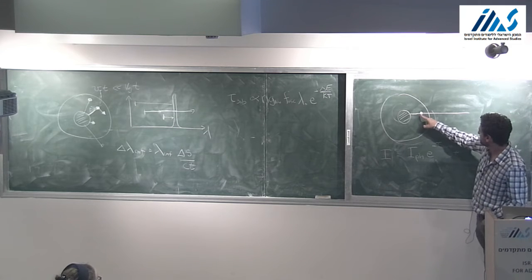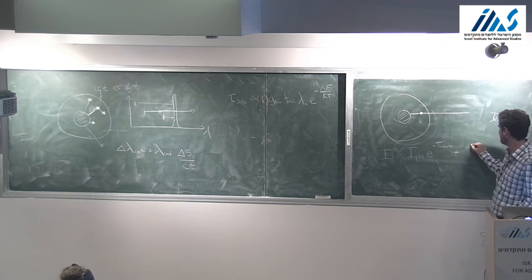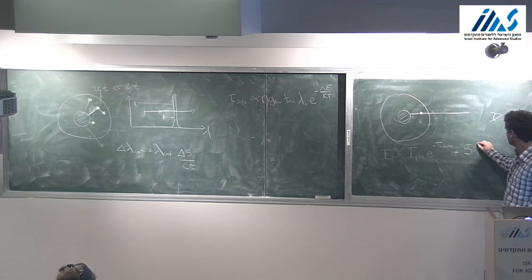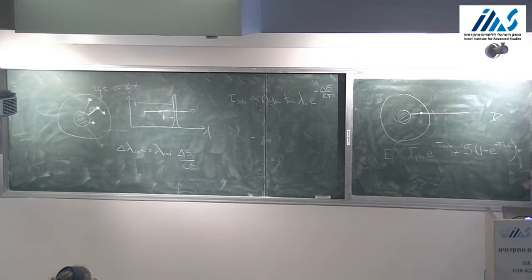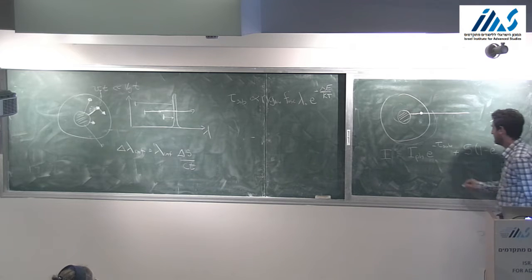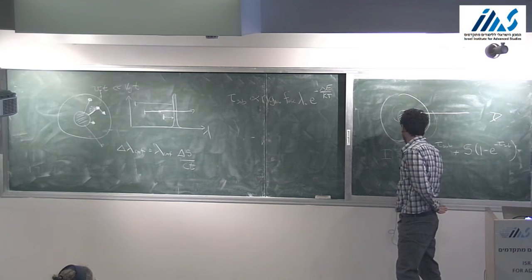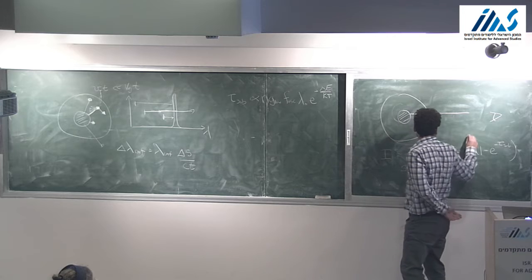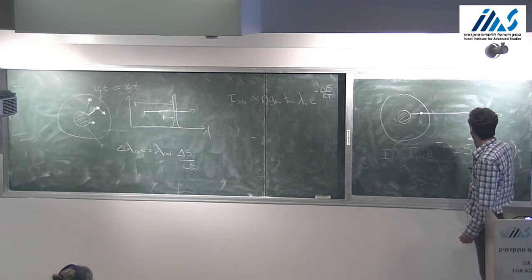But this line also emits radiation, so there's another term here for the emission from that line, which was related to the source function of the line. So this is a source function.